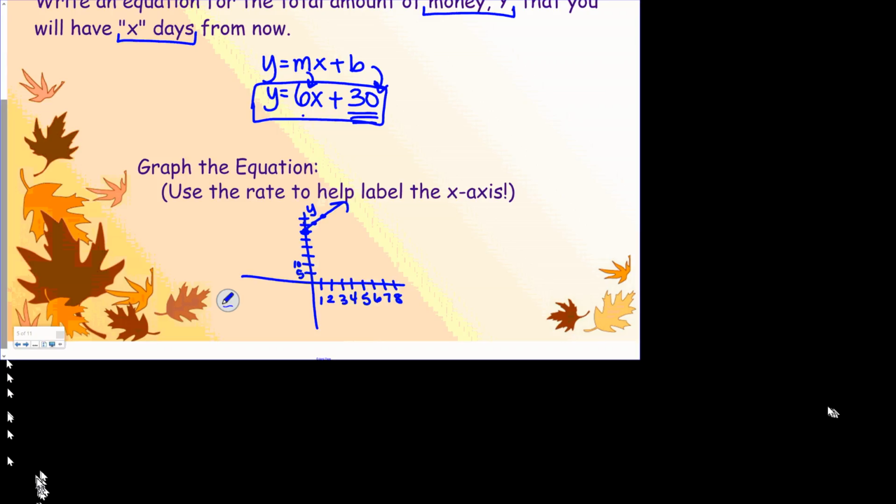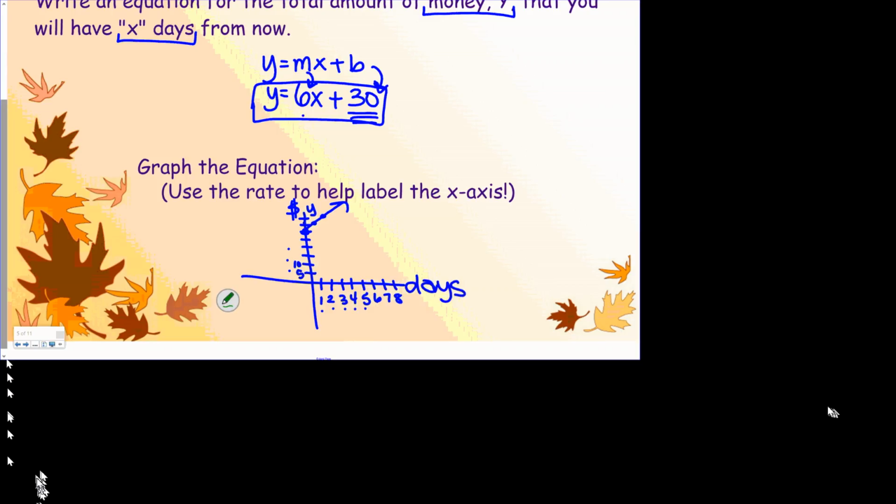Remember that y was represented by our money and x was represented by days. So here you can see the days increasing 1, 2, 3, 4, 5, and so on. Here we can see the money increasing on the y. And so that can help us see after how many days we would have a certain amount of money. And we can project and graph and look to those other parts.